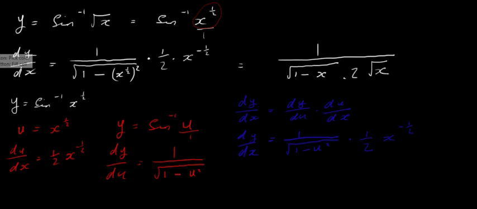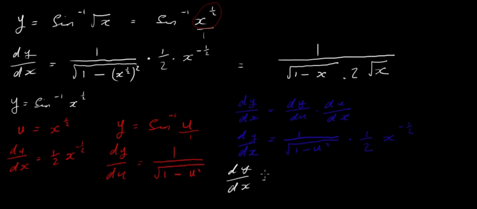Okay, so let me just write out the final bit here. I'll do it in white. So dy dx is equal to, I've got a 1 on the top here, a 1 on the top here. x to the power of minus a half again is 1 over root x, or 1 over x to the power of plus a half. That's this bit here. Let's just write all that down.